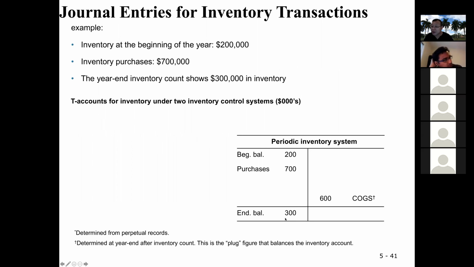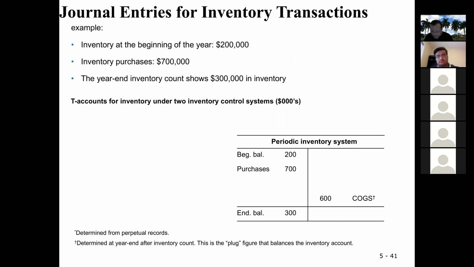There's only 300 left, so I know that I sold 600. That's my cost of goods sold. This is the periodic inventory system. You use the inventory equation: beginning balance plus purchases minus ending inventory is your cost of goods sold. I think this is pretty straightforward.